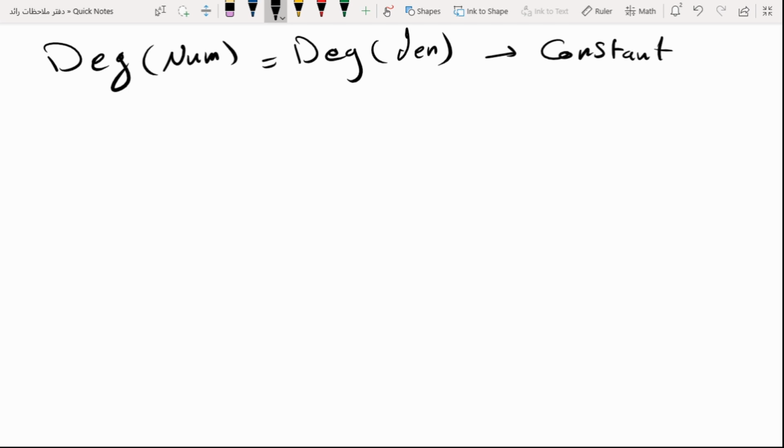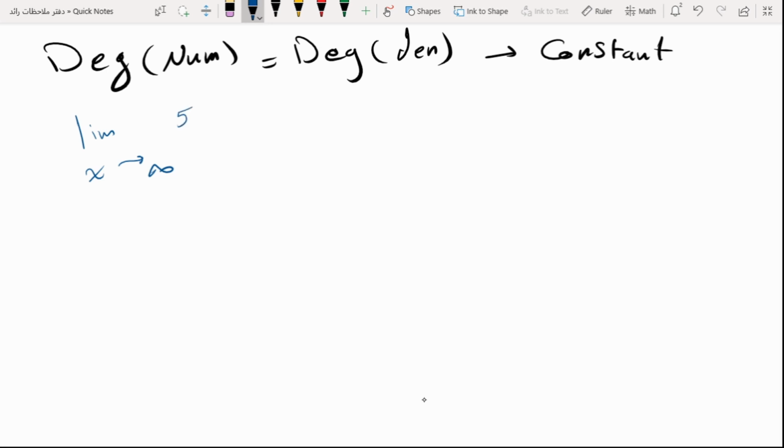For an example, take this example, the limit as x approaches infinity. It doesn't matter if it's positive or negative. So you can see the difference between negative infinity and positive infinity in the first case, when the degree of the numerator is greater than the degree of the denominator.